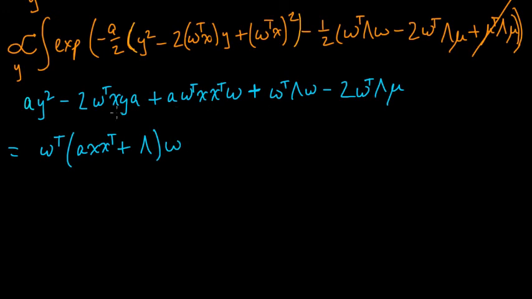That takes care of those two. Now let's pull together these two terms, the W transpose terms. We get minus 2 W transpose times (x y a plus lambda mu). x is the only vector here, y and a are scalars. Plus a y squared. Is that right? That's that part.